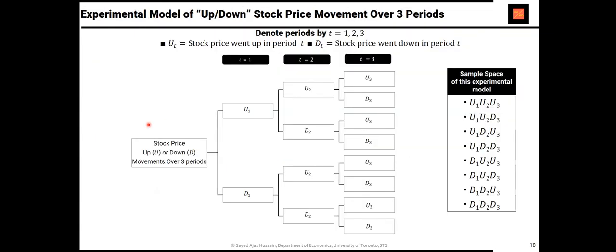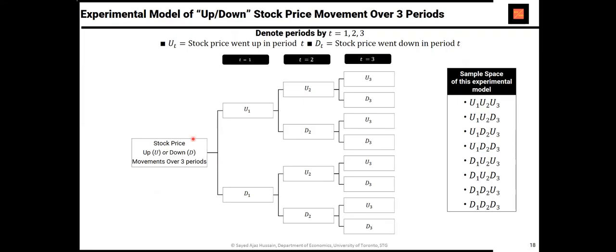Here's an example. I imagine that a stock can either only go up in price or only go down. There's no such thing as staying constant. And I imagine the stock is moving over 3 periods. So you can, of course, in period number 1, go up or down. Same thing in period number 2, up, down, up, down.